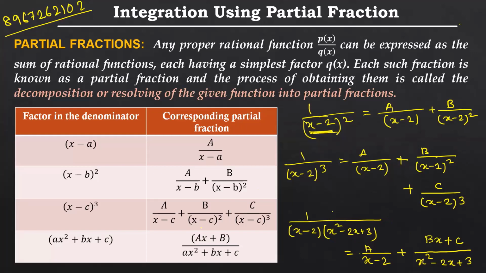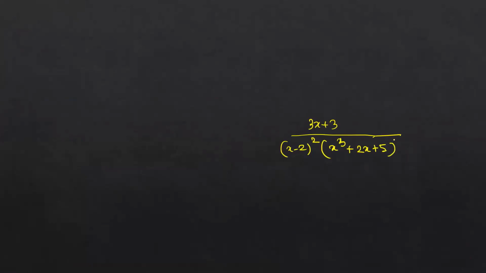Whenever you have a cube degree polynomial, you have to take a square portion here. That means whenever you have a problem like some function 2x plus 3 by (x minus 2) square into (x cube plus 2x plus 5), this is the form.